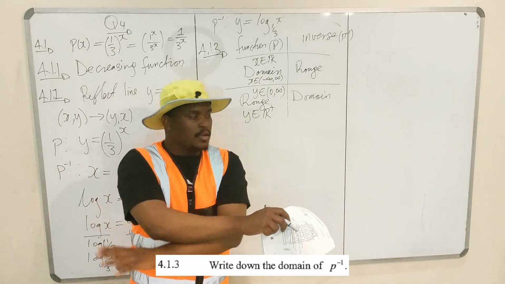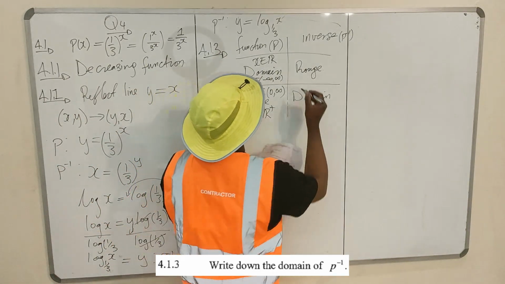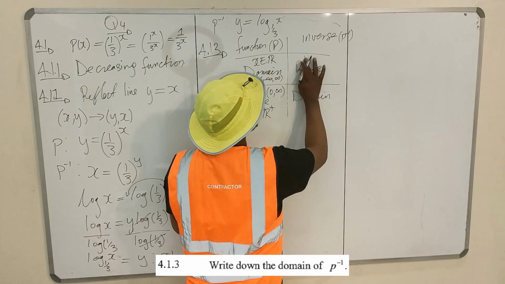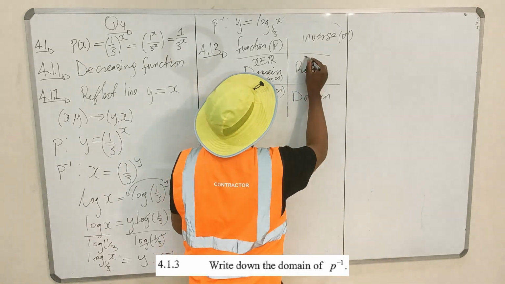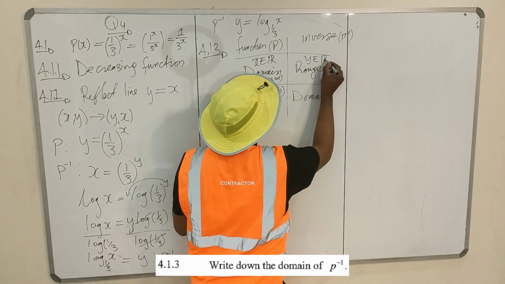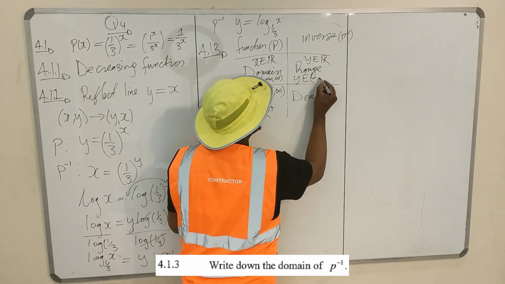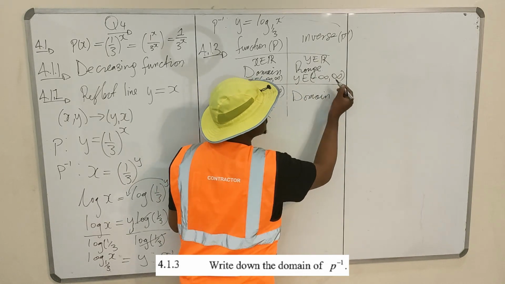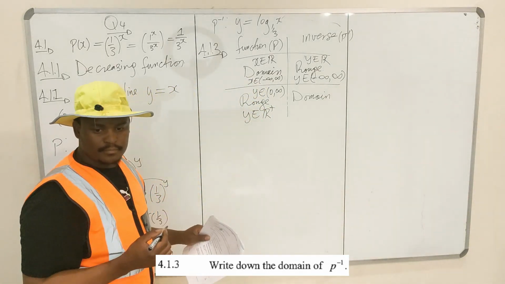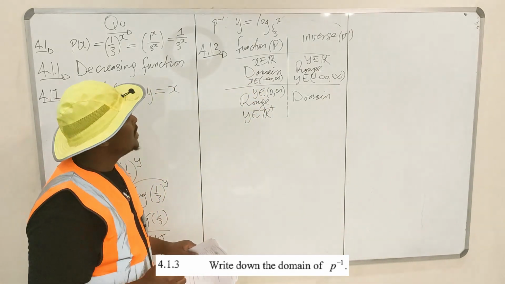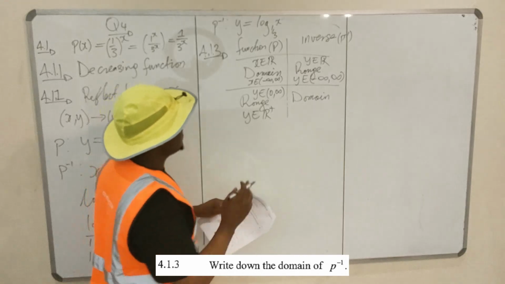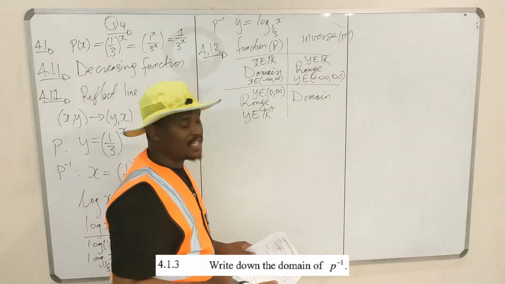So the range of the inverse would be y is an element of real numbers, or you can write it as y is an element of negative infinity to positive infinity. Are you happy? Yes.